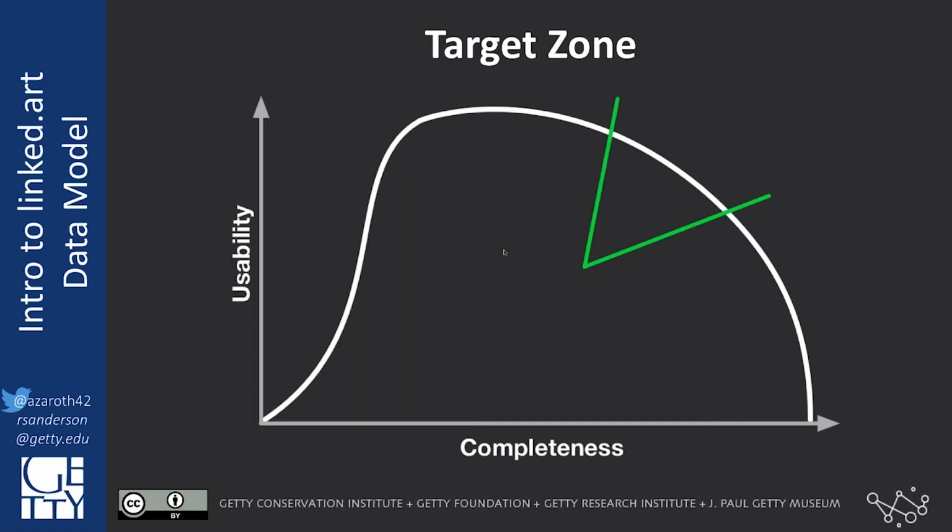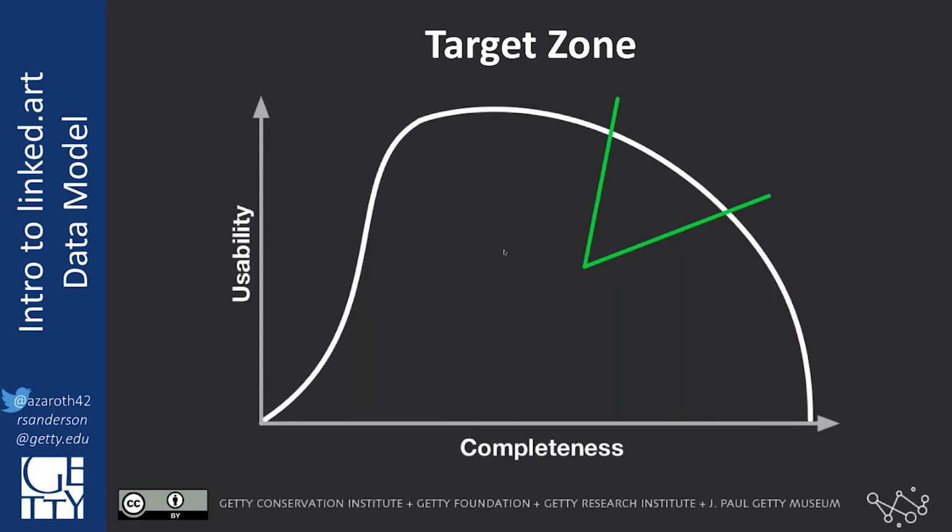So as you start to add information into any system, it goes from being 0% complete and hence 0% usable because there's nothing there, and it quickly becomes usable with only a bit of information, right? You can get by and do quite a lot of stuff with only the basics.